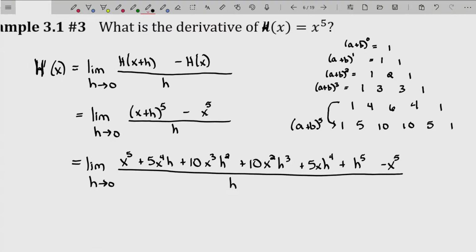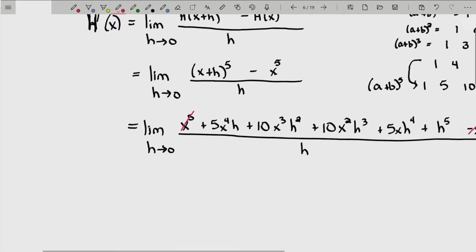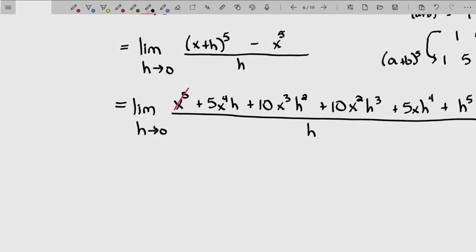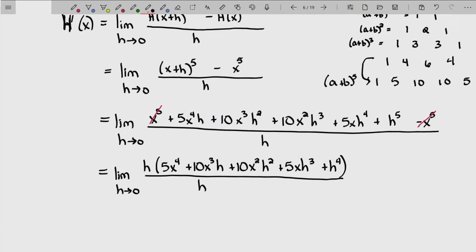All right, great. Let's see if anything cancels. Honestly, only two things will, x to the fifth and x to the fifth. Everything else doesn't. My next step, I can just factor an h out of that numerator. So being painstakingly accurate with my work here, I will go ahead and do that, and you don't have to watch all the gory details.